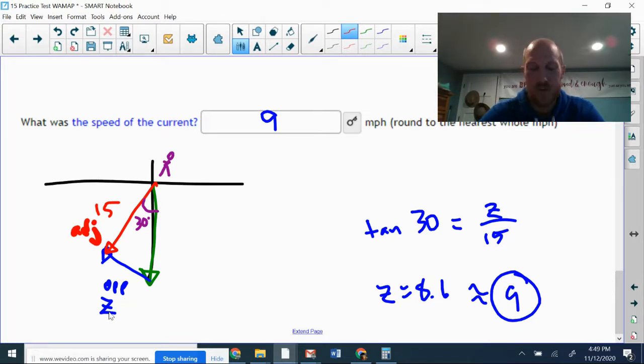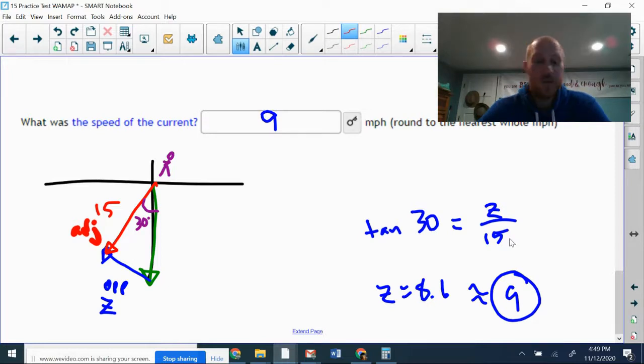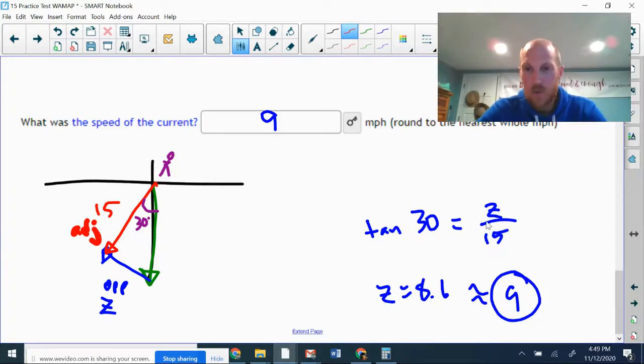I used z just to have a different variable, so I don't use x twice in different places. Using my tangent ratio, it's the opposite over the adjacent. I could use cotangent, but tangent is going to give me the variable in the numerator, which is what I want anyway. Solving for z, I'm going to multiply 15 times the tangent of 30, which gives me 8.6, and round that up to 9.